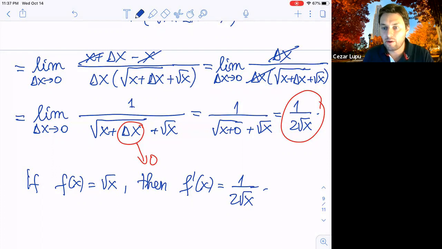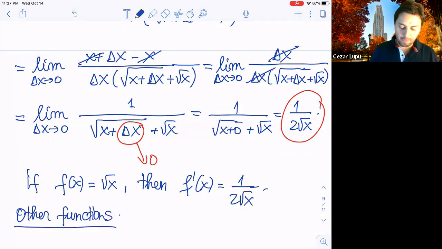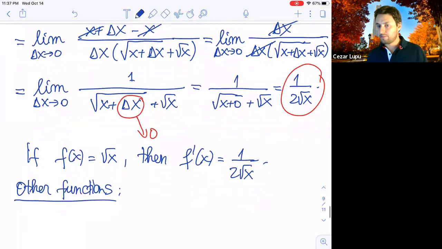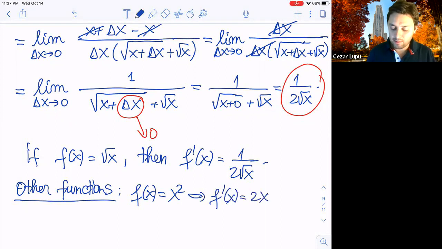For example, x squared. So the derivative of x squared. So other functions. For example, f of x equals x squared. It will give you that the derivative is 2x, and so on.